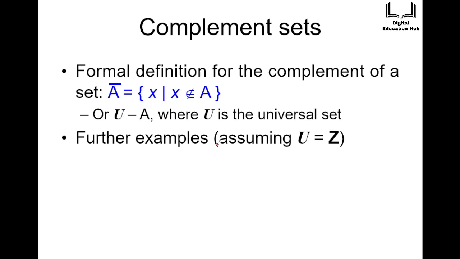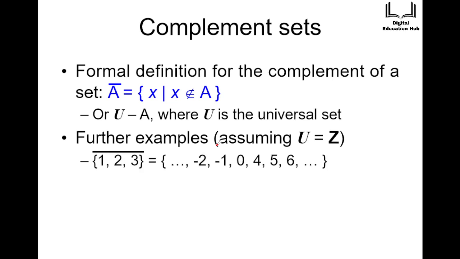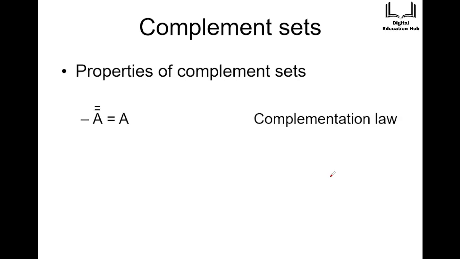So if I have one set as 1 2 3, and I take the bar of that, it means that from the set of integers, you remove 1 comma 2 comma 3. So this can be represented like this with ellipses.